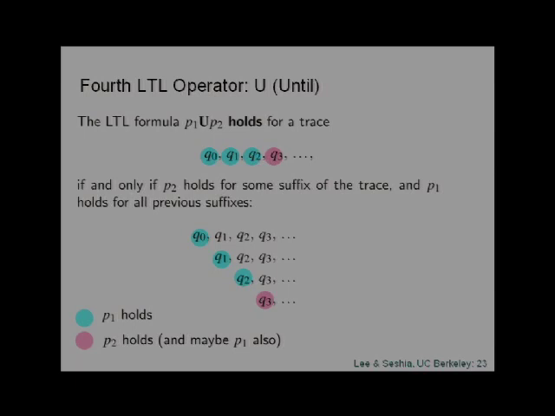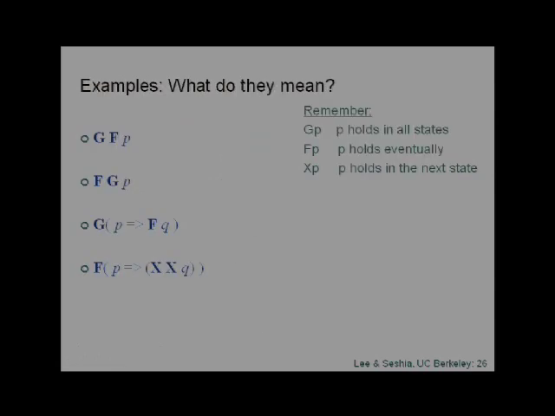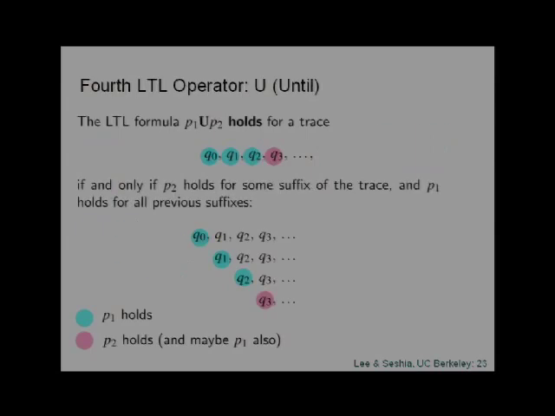Okay, so let me repeat the question. The question is, does this operator say anything explicitly about what happens to p1 after p2 becomes true, right? So for example, at this state q3, in fact, this operator says nothing about what should happen to p1. p1 could be true or p1 could be false, right?